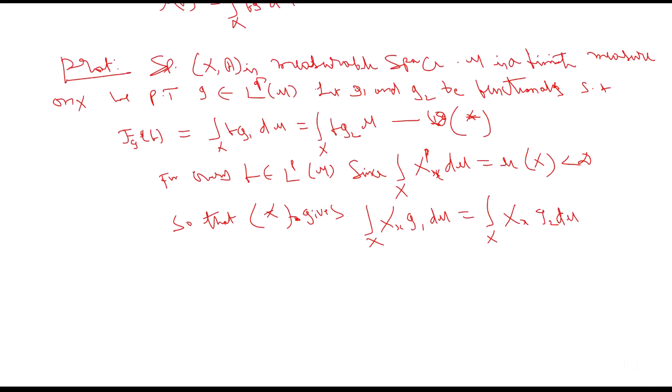That is, the integral of g1 d mu equals the integral of g2 d mu, showing g1 equals g2 almost everywhere, where a.e. means almost everywhere.